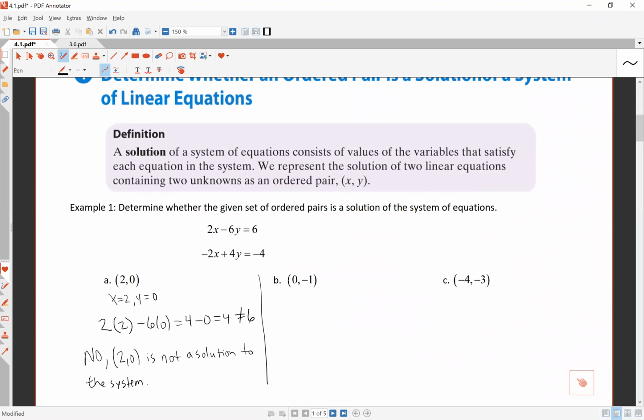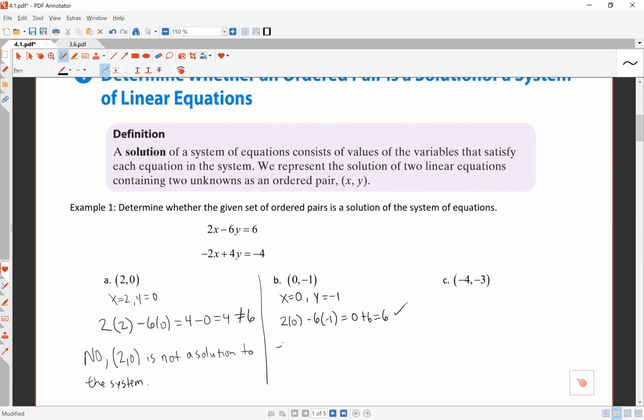Is (0, negative 1) a solution to the system? We plug it into the first equation by setting x equal to 0 and y equal to negative 1, and we get 2 times 0 minus 6 times negative 1. That's 0 plus 6 equals 6, so it works in the first equation.